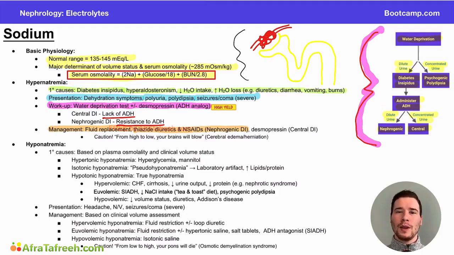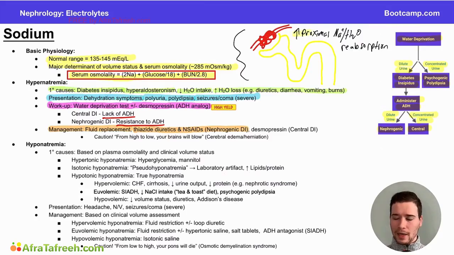Once we lose more sodium in the urine, this then triggers the sympathetic nervous system. Remember, we talked about how we have different mechanisms to respond to an increased loss of sodium and volume status, including the RAS system being a big one, as well as sympathetic nervous system modalities. This activation of the sympathetic nervous system and RAS system will cause an increase in proximal sodium and water reabsorption.